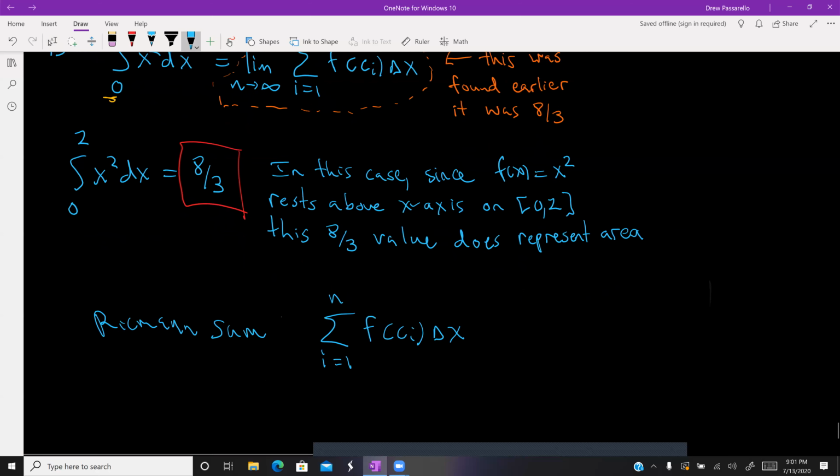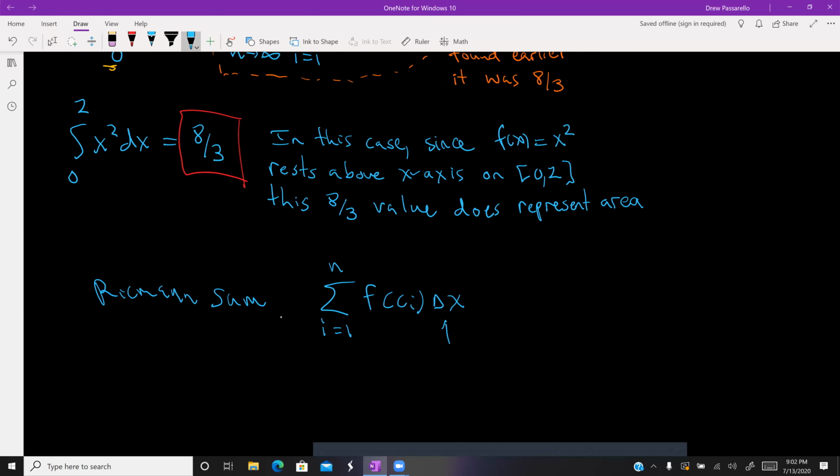Delta x was the width, and the f of ci was the height of the rectangles. This gives you the sum for n rectangles.